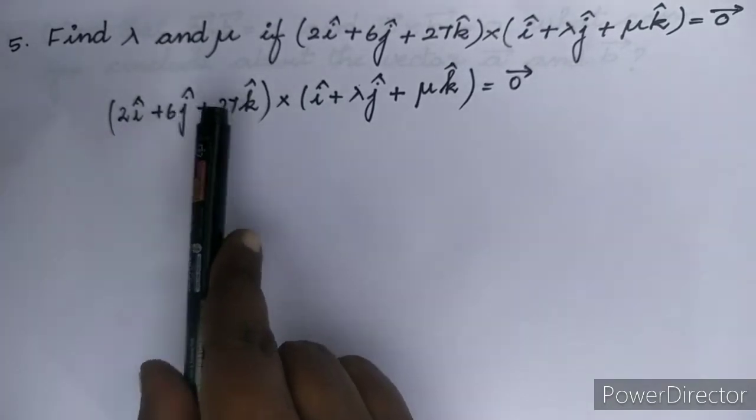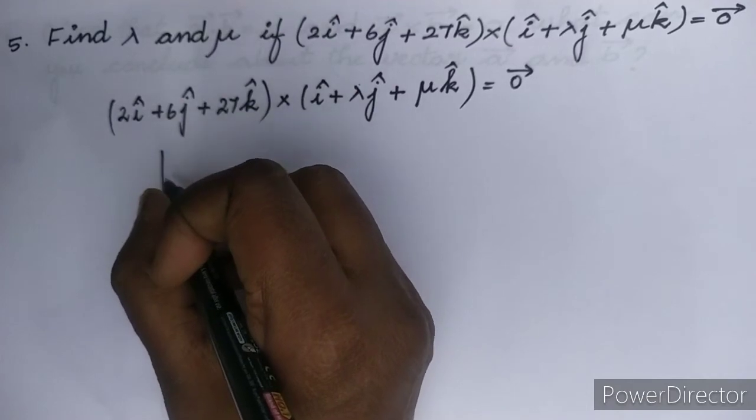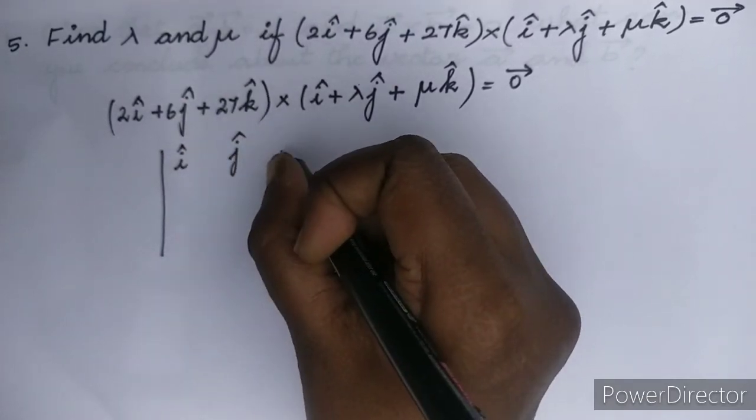Now we will find the cross product of these two vectors, that is determinant of i cap, j cap and k cap.